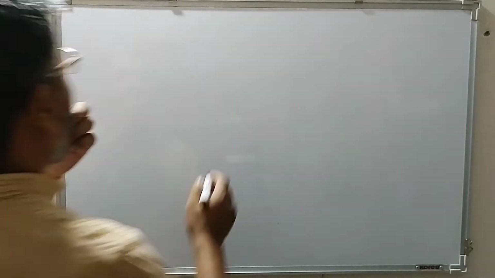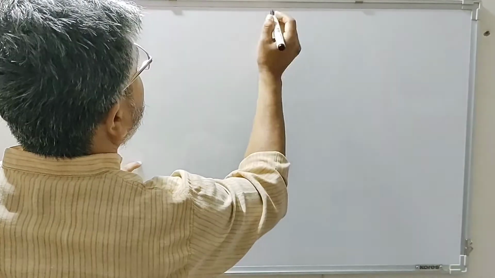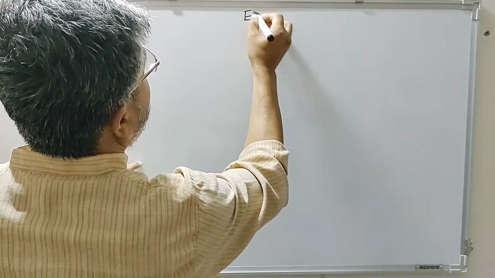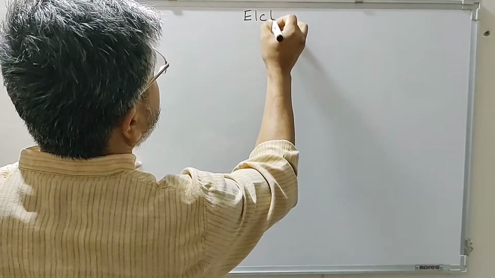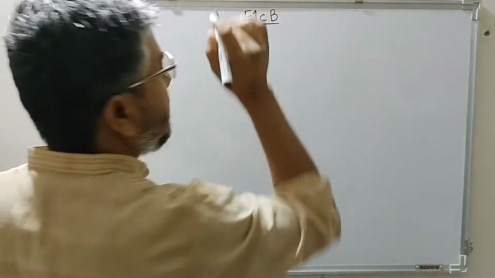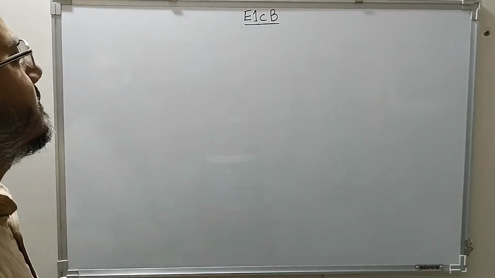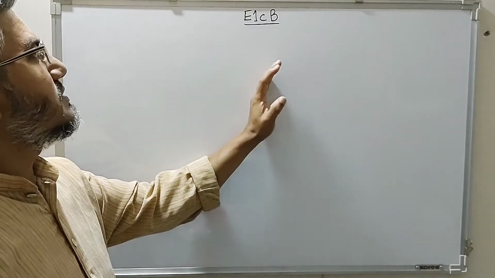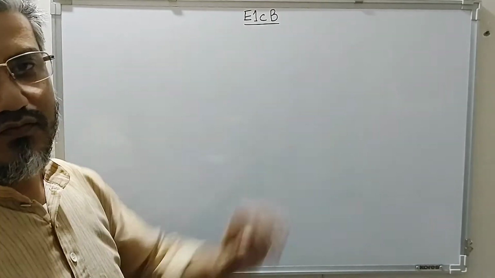So the second pathway that is often observed for elimination of alkyl halide. Let's focus on this. So the heading is E1cB. So let's start with salient features and the significance of this.